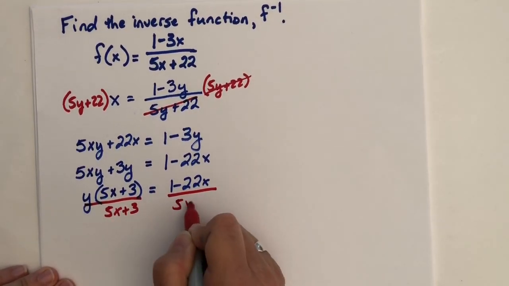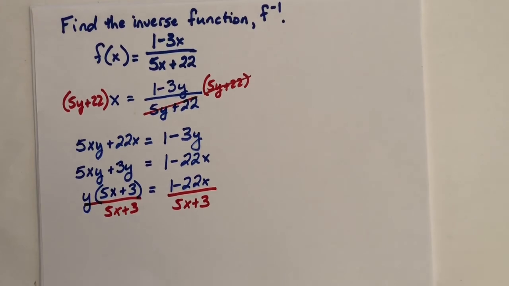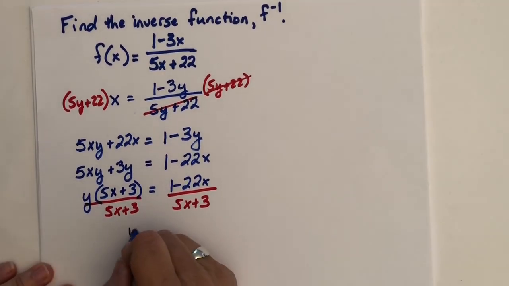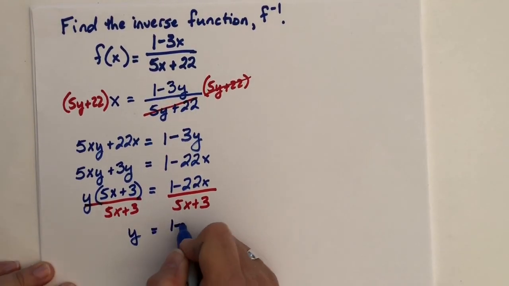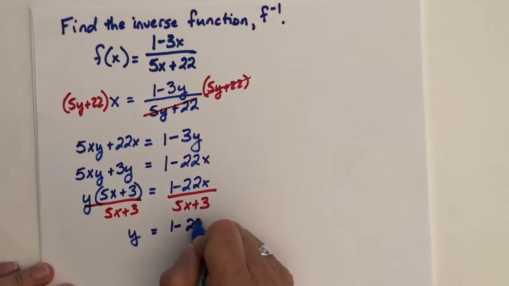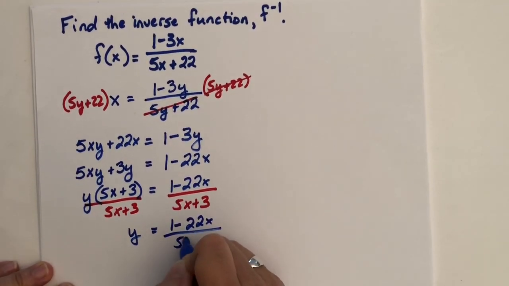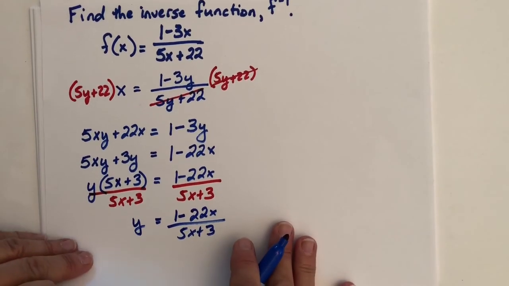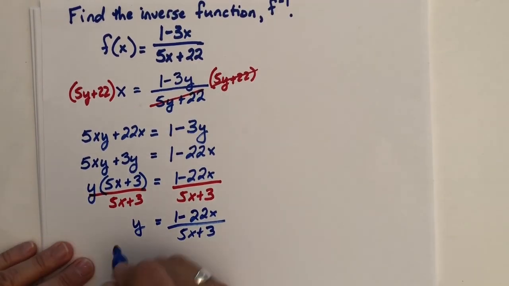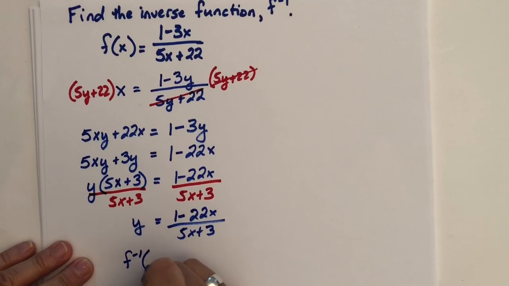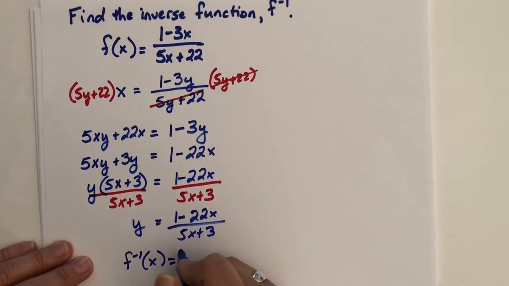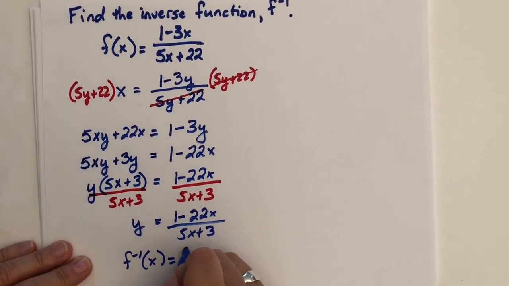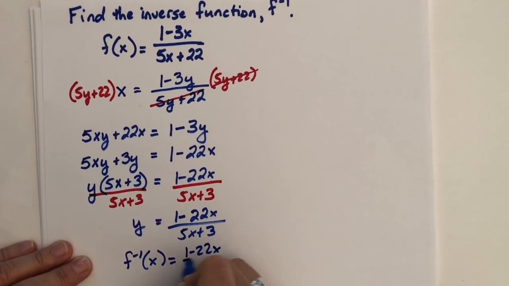So our y is equal to 1 minus 22x over 5x plus 3. And let's just write that nicely with our function notation. So f inverse of x equals 1 minus 22x over 5x plus 3.